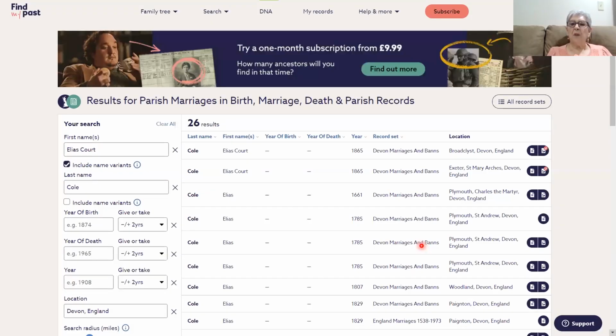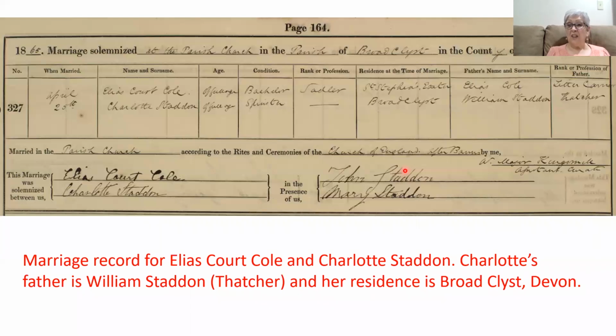So I went to Find My Past, and I plugged in Elias Court Cole. I could have plugged in Charlotte Stadton, but I thought that name might not be quite as distinctive. And as you can see, Elias Court comes up in the first two entries here on Find My Past. And indeed, I did find their marriage. In fact, I found what's even better, an original marriage certificate.